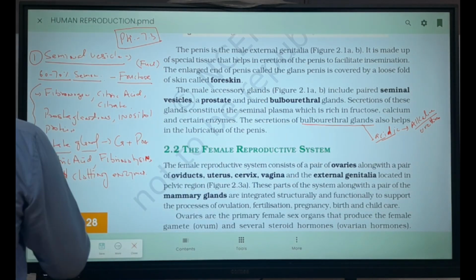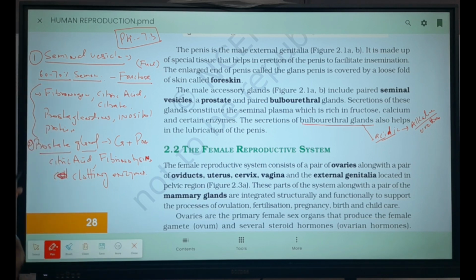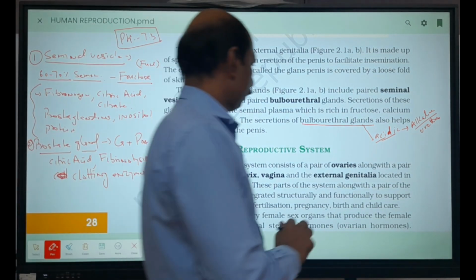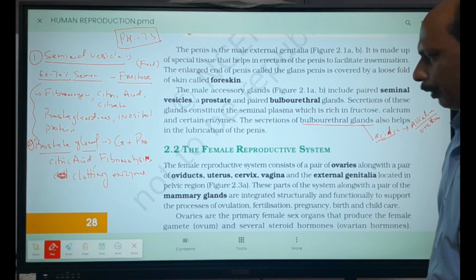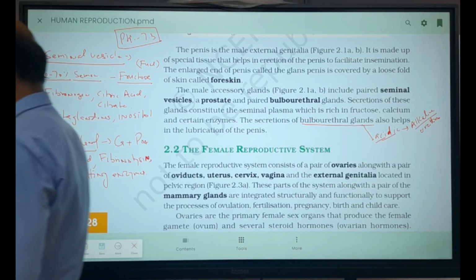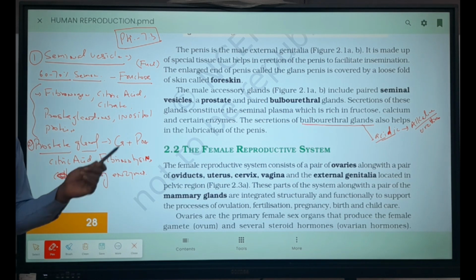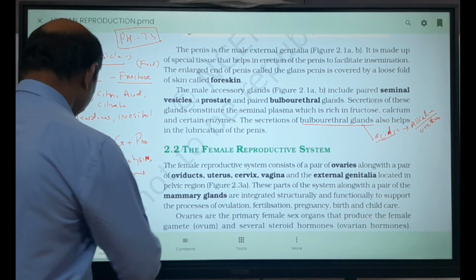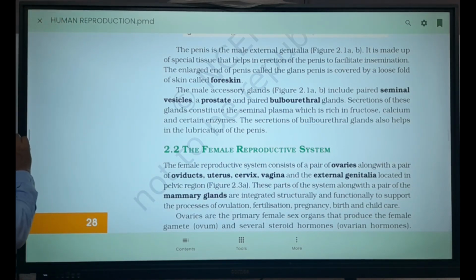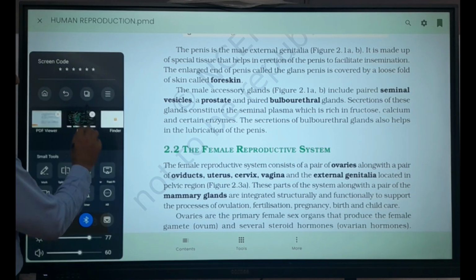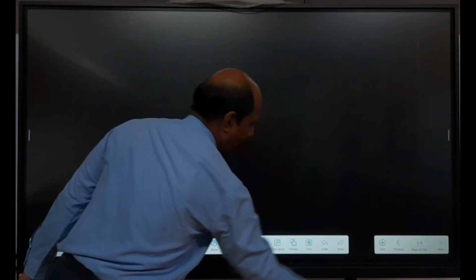Okay. Now here the female reproductive system is given. Okay, so before going to the female reproductive system, some important points for the male reproductive system are important. Okay, we start. Look here.